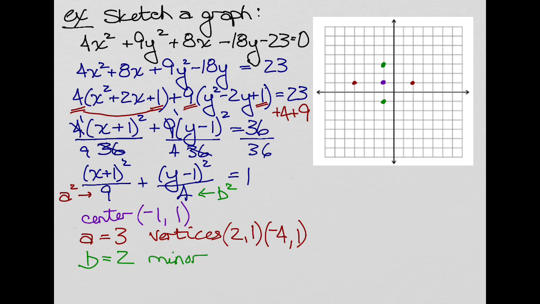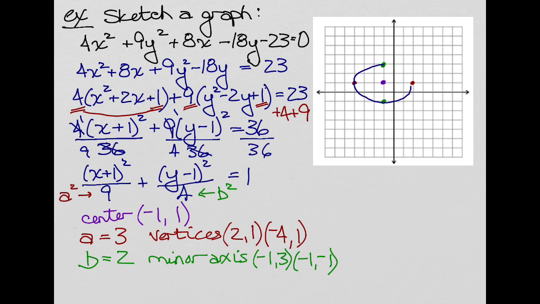My minor axis endpoints then are at negative 1, and then from 1 I went up 2, and from 1 I went down 2. That's enough to sketch a graph.